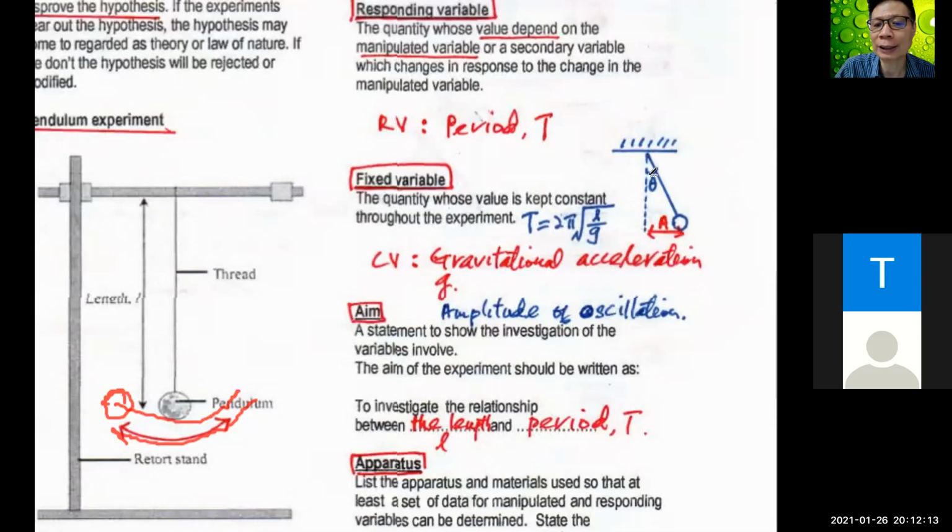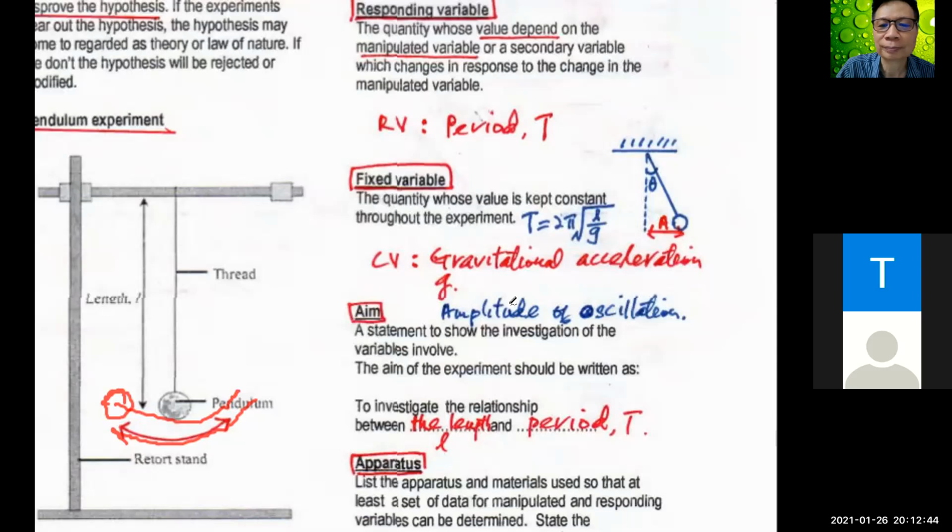Cannot be sometimes a small angle, sometimes a big angle, because the answer becomes different. Okay, so remember, first, gravitational acceleration must be fixed. The second is the amplitude must be fixed. Any more things that need to be fixed? Besides gravity and amplitude, what else do you think should be fixed?